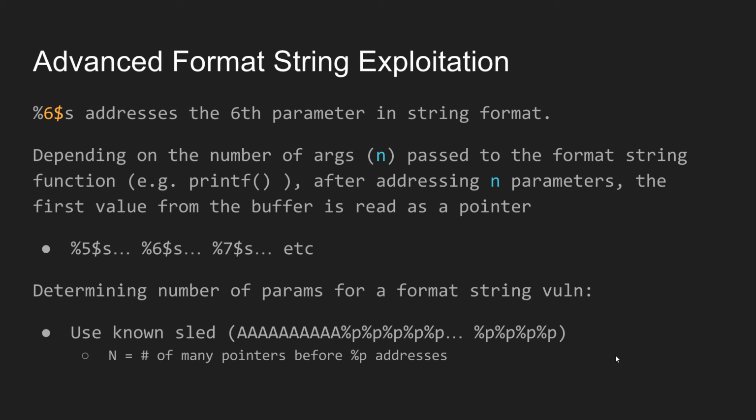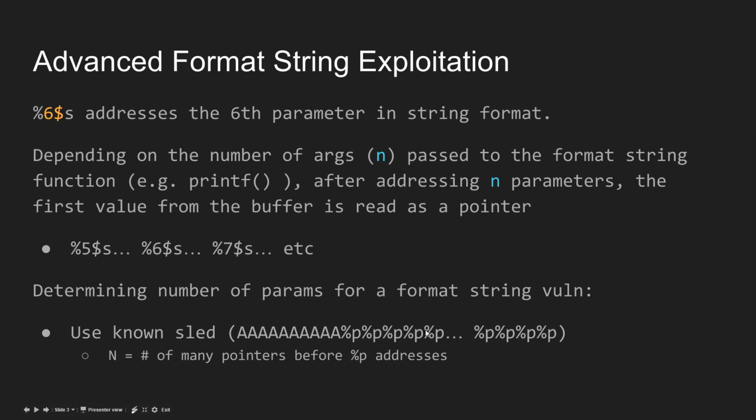So to explain how to use this in a targeted fashion, you can use a simple string that's just some number of letters and characters, and then a sled of %p's.